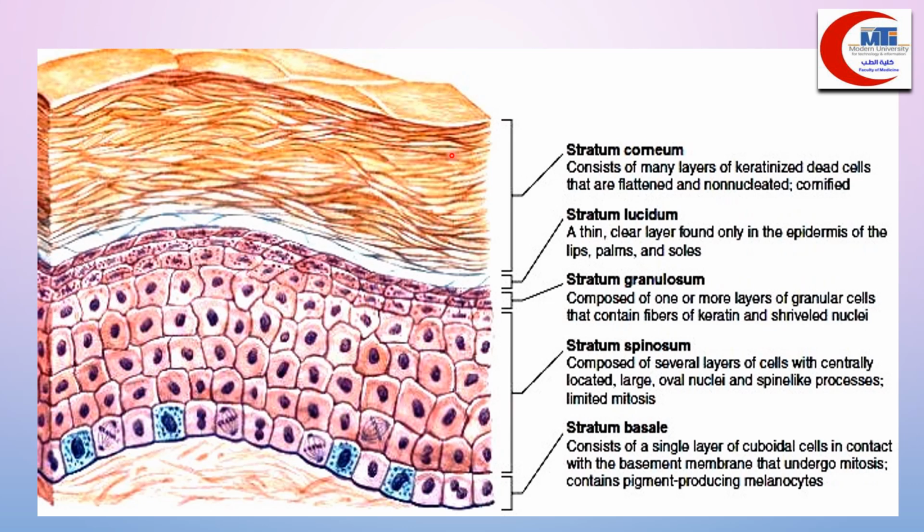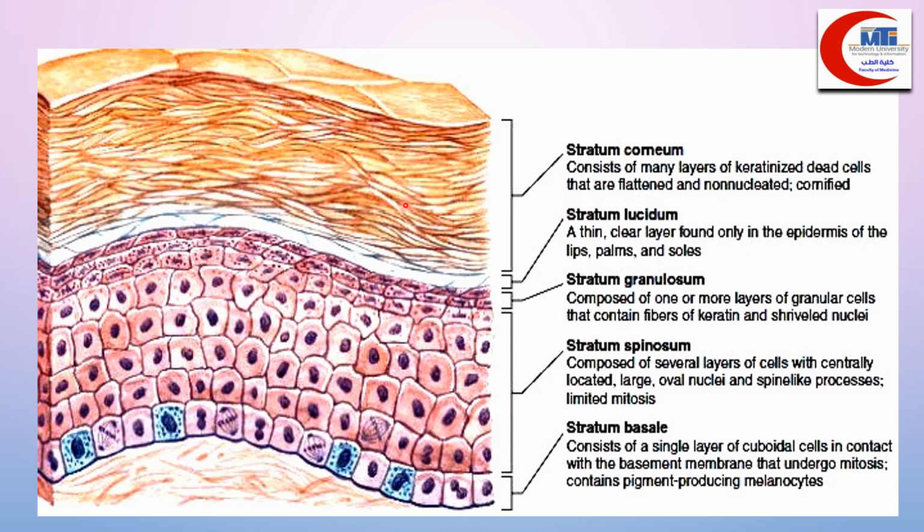The stratum corneum, as we see here, is the most superficial layer, formed of about 15 to 20 layers of flattened non-nucleated keratinized scales, horny scales or horny cells, formed of keratin tonofilaments embedded in an amorphous matrix.